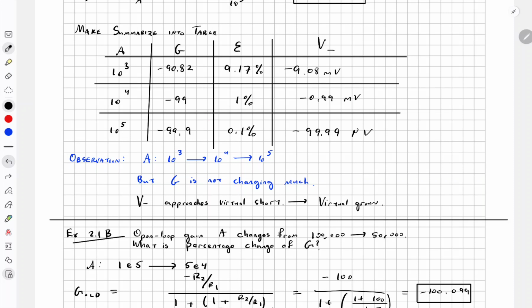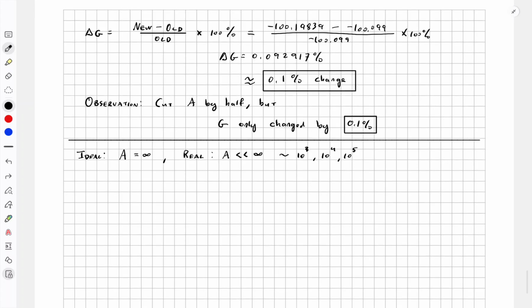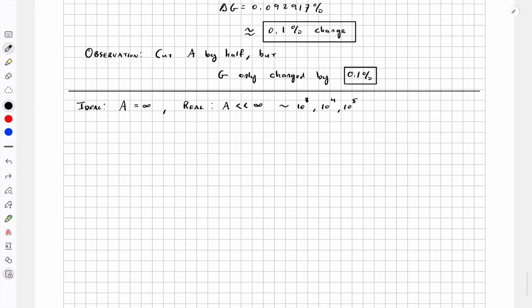So the conclusion that we drew was that even though we changed the open loop gain drastically, the closed loop gain changes very negligibly. Because of this, this presents the justification as to why, even though we are working with real op-amps, we can treat them as if they were ideal, and it will not deviate much from the expectation from the ideal.